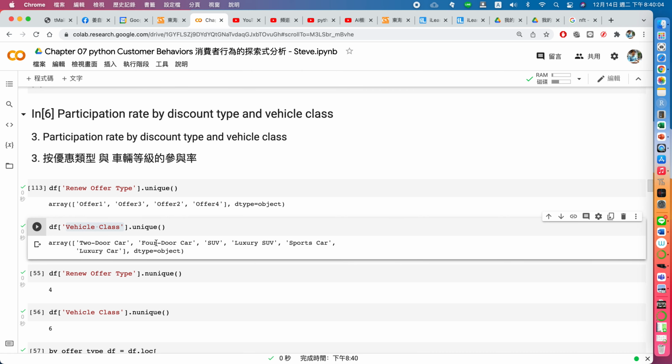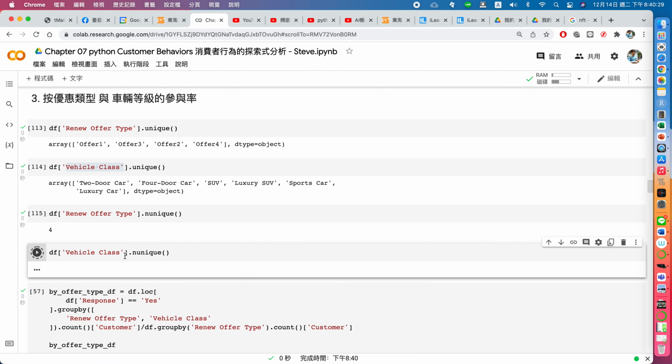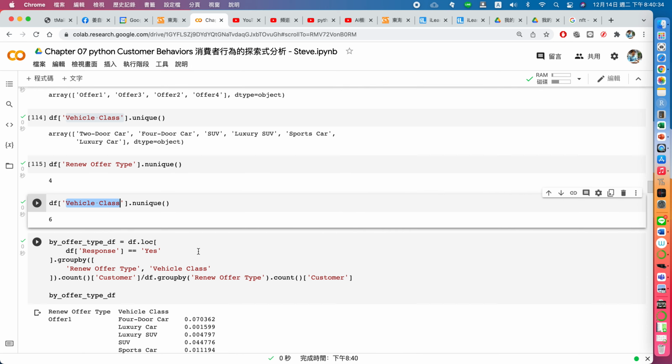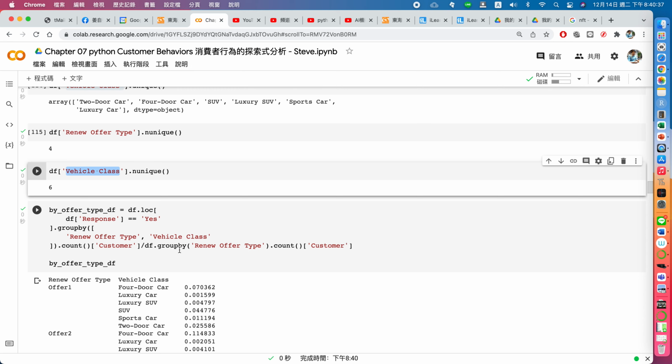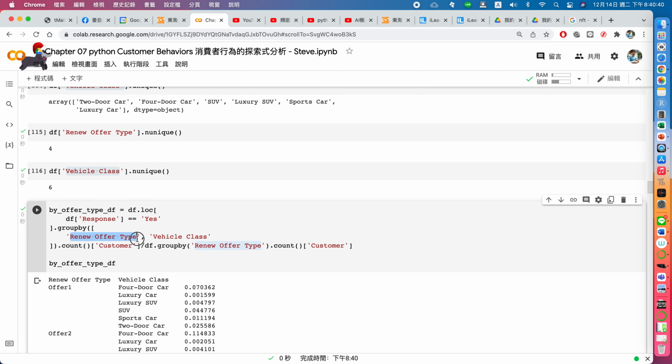How many? 1, 2, 3, 4, 5, 6. 6 vehicle classes. The classes are 2-door car, 4-door car, SUV, 修理车, luxury SUV, sports car, and luxury car. There are 6 types for the vehicle type. Okay, it's time for us to draw the diagram with renew offer type and vehicle class. It's two data types.